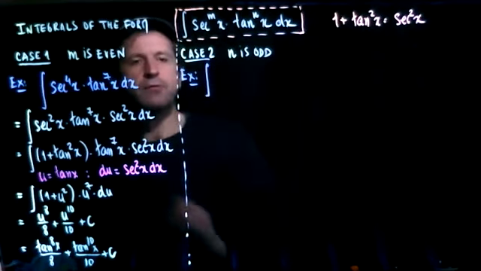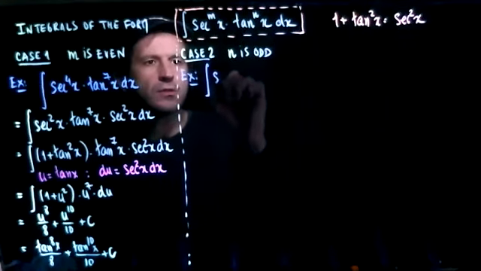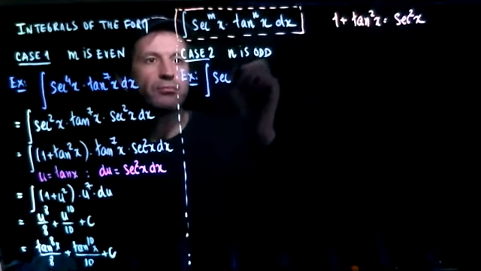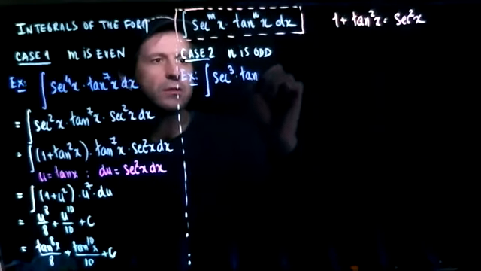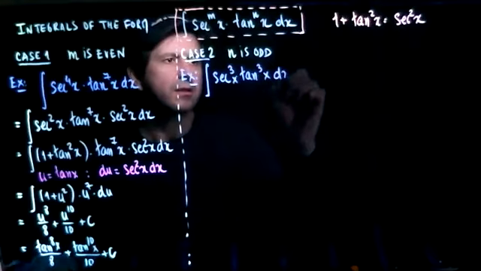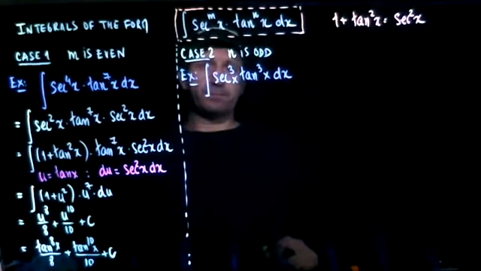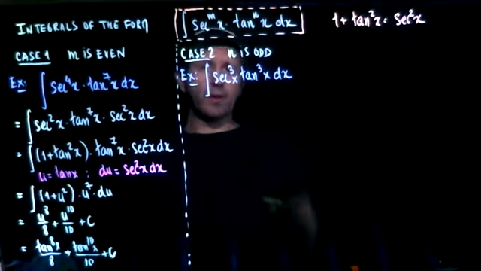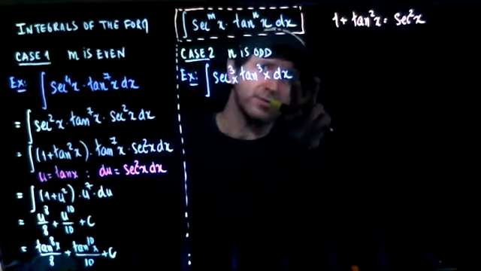the antiderivative of secant 3x times tangent cube x dx. Okay, so what I'm going to do now is extract a secant and a tangent.